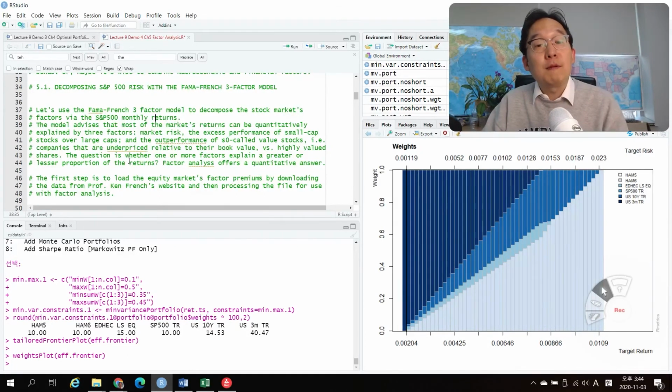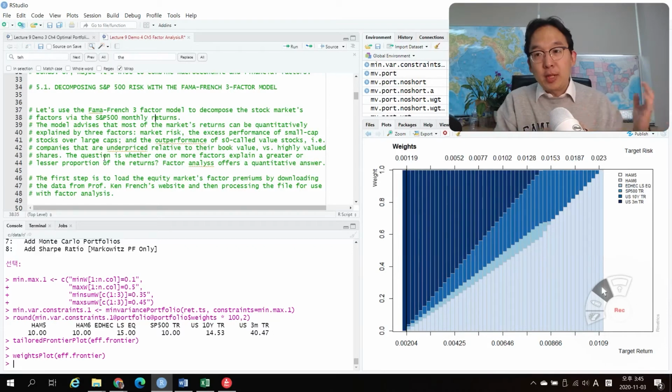Decomposing S&P 500 risk with the Fama French three-factor model. That's the first attempt that we're going to do. So here we are going to try to decompose the return of the S&P 500 index into Fama French three factors: market, size, book to market.